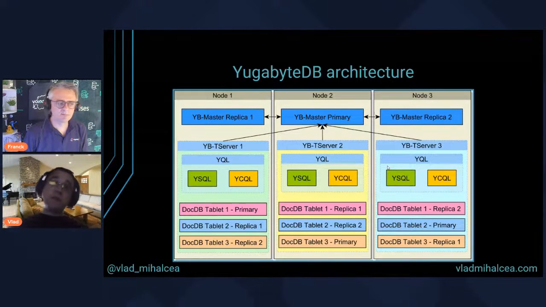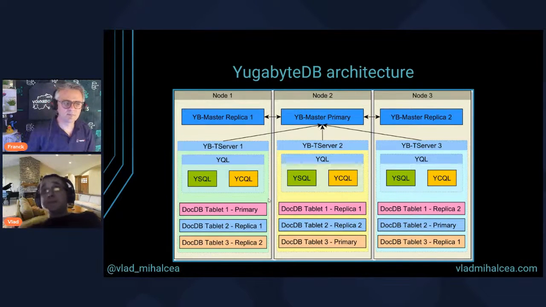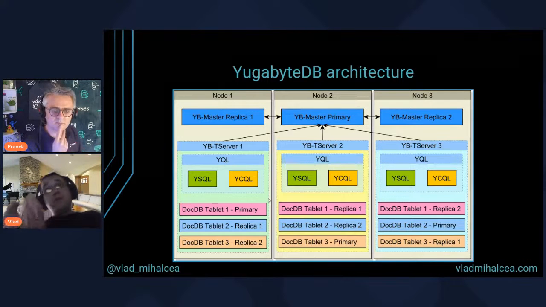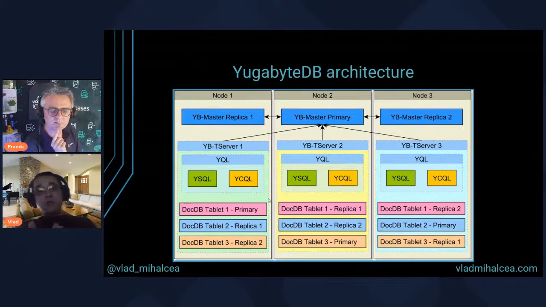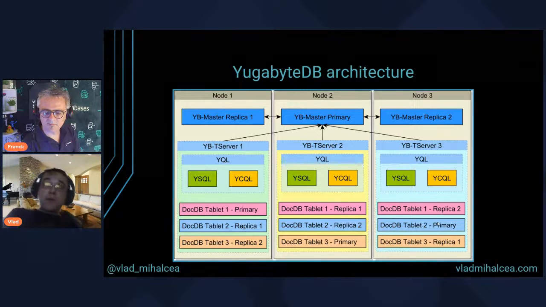For instance, in the case of YugabyteDB, you don't have a single primary. You don't have the typical architecture that you have in relational databases where each node entirely duplicates the other node, so the replica duplicates everything that it has on the primary. In the case of YugabyteDB, every node can be the primary of a given shard of data and the replica of other shards of data. So these distributed databases like YugabyteDB use automatic sharding and distributed systems.